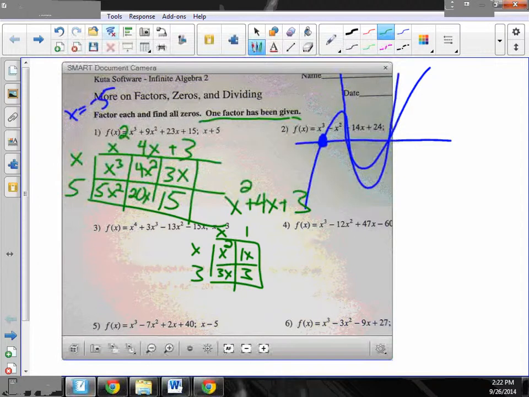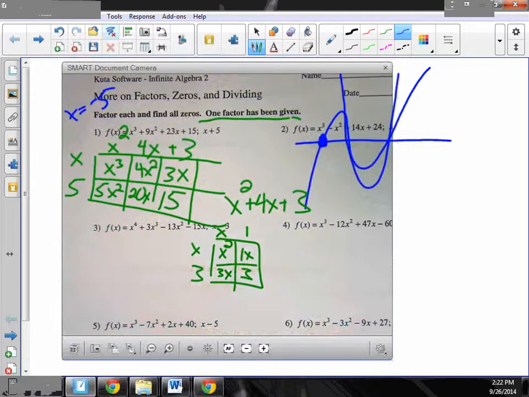Hold on, listen up. Shh. So when I'm factoring quadratics, I put in the first box and the last box. Then I times those together. And then I find the factors of that number that add to be the middle term, which happened in this case to be 1x and 3x. Okay.